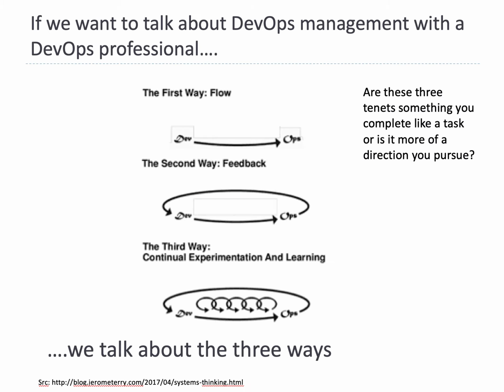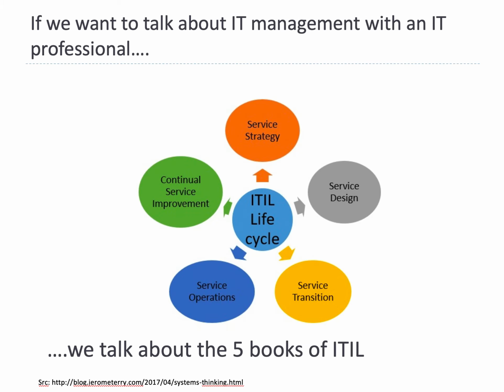You're reading the book, The Phoenix Project. So if we want to talk with them about what DevOps is, DevOps might be defined by the Three Ways. And finally, I mentioned PMI, where we talk about the PMI Book of Knowledge. If we're talking about IT management, how we manage all of the aspects of IT, we talk about the 5 books of ITIL.